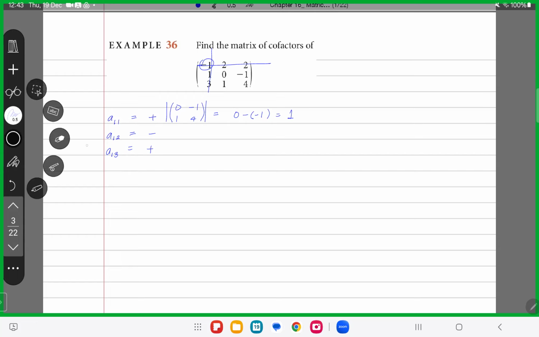The cofactor of the second element in the first row, which would be this element. Ignore the elements in the top row and the middle column and find the determinant of the remaining matrix.